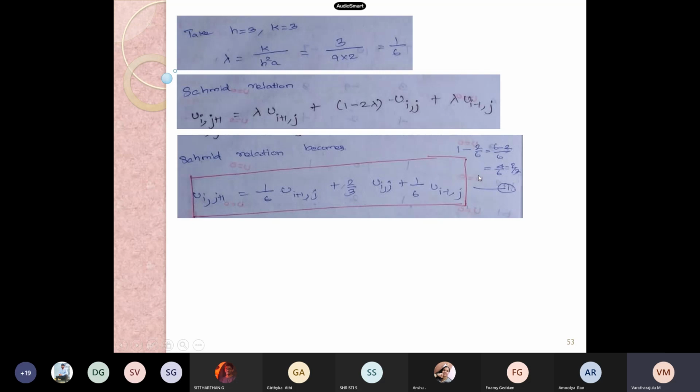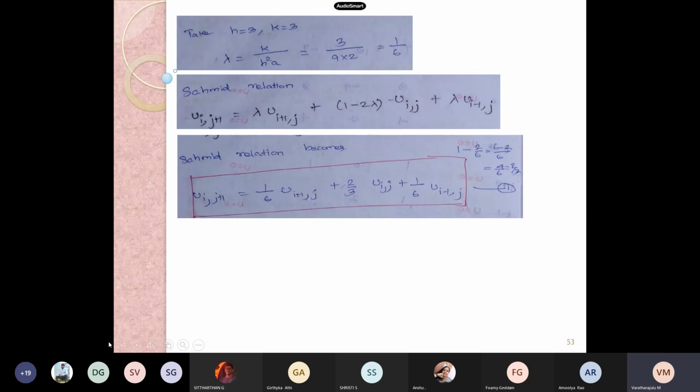And 1 minus 2 into 1 by 6 becomes 6 minus 2 by 6, that is 4 by 6, which is 2 by 3.